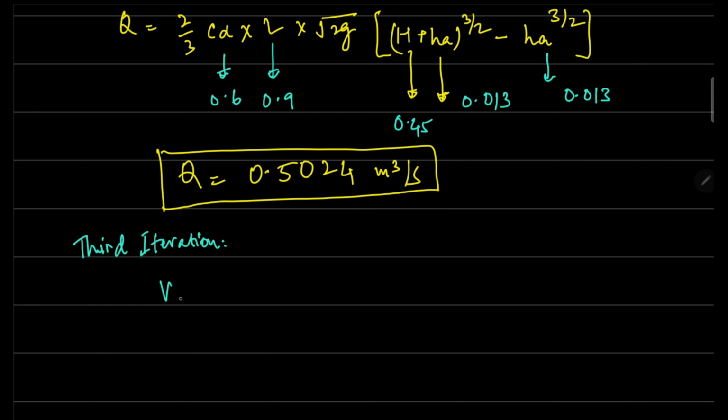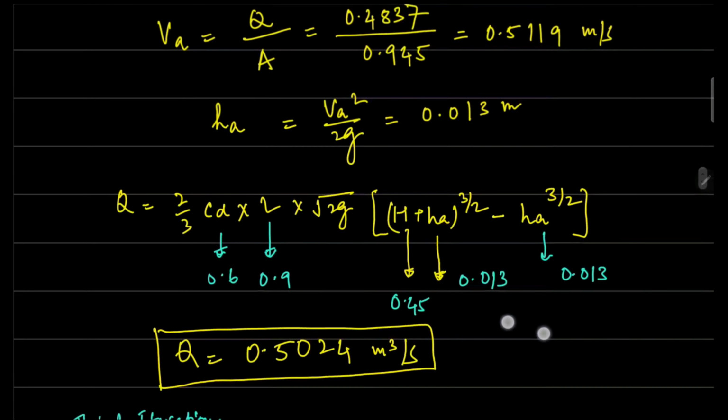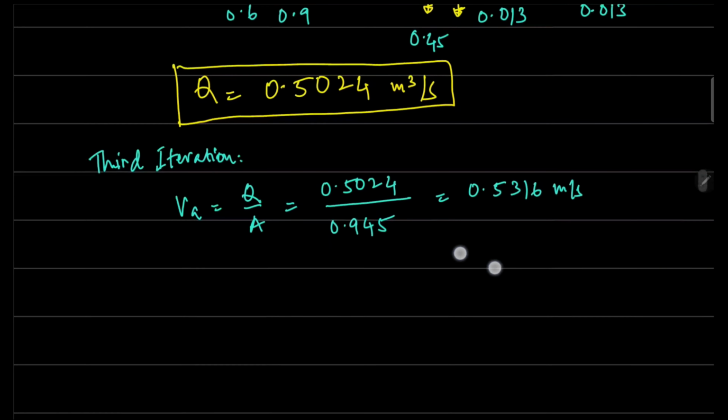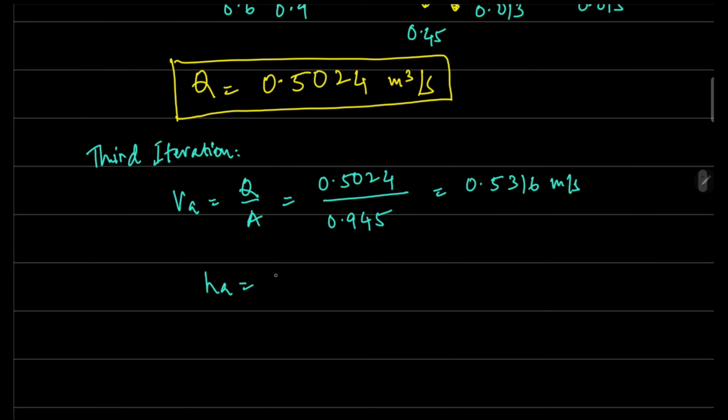So in the third iteration, the Q value we obtained in the previous iteration will be our base for starting our problem. So VA, that is the velocity of approach, will be Q by A. A is not going to be changed. However, the Q value has been revised as 0.5024 divided by A, which is 0.945. So this value is coming out to be 0.5316 meter per second, and corresponding to this value the HA value will be VA square by 2G.